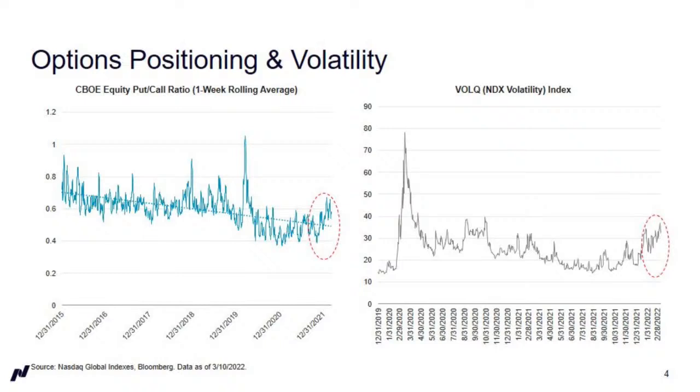And that's consistent with what we're seeing with volatility, right? So if you look at VOLQ, which is the Nasdaq-100 Volatility Index, you see that big spike in the COVID crisis. We're nowhere near that for now. We haven't breached 40 versus blowing through 40 and going almost up to 80 back 2 years ago.